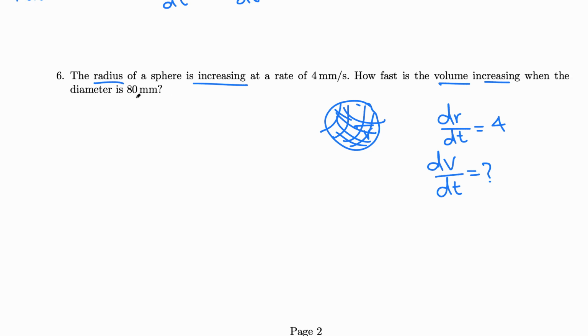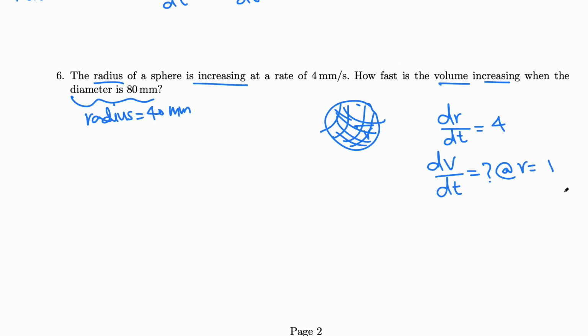When the diameter, oh, it's given as a diameter, so diameter is 80, means radius is half, so that's 40 millimeters. So dV over dt equals what? Because I want to write in terms of radius, because the rate of change of radius is given here. So at the moment when radius is 40 millimeters, okay, this is 40.